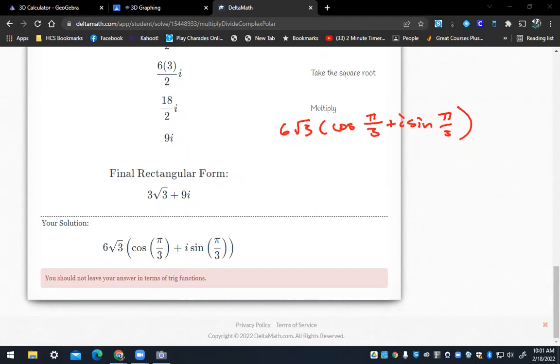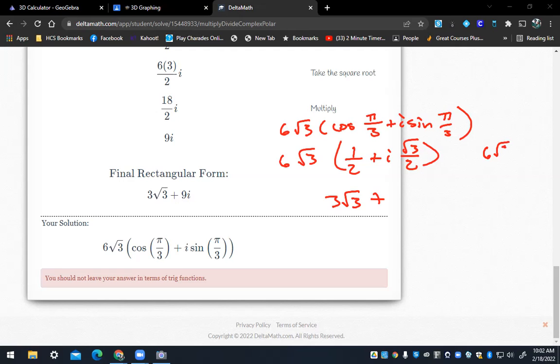So cosine of 60 degrees is 1/2 plus I √3 over 2. And you got 6√3 times that. All right, so you end up with 3√3 plus 6√3 times 1/2, and then 6√3 times √3 over 2.